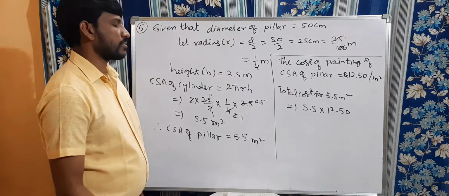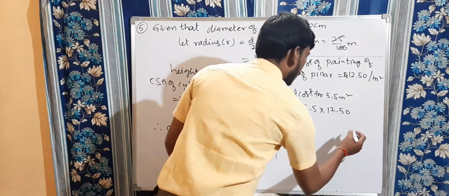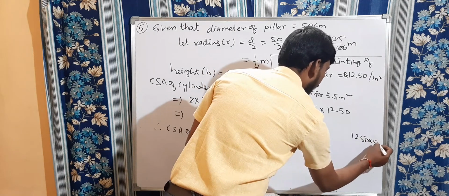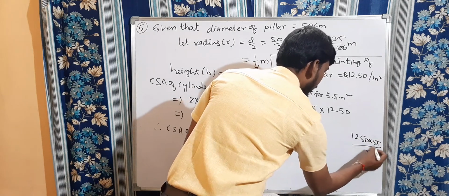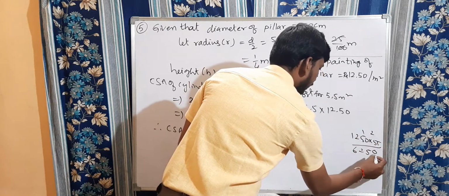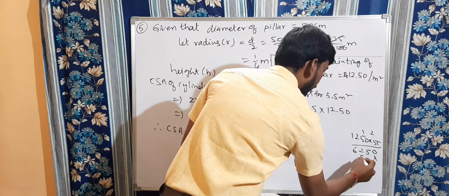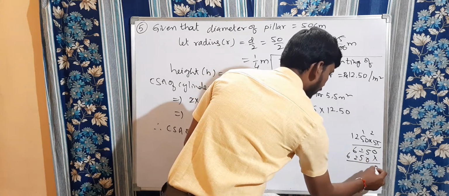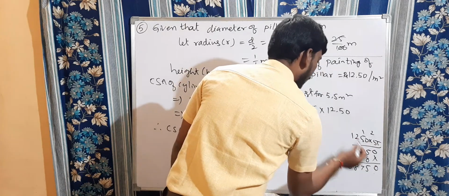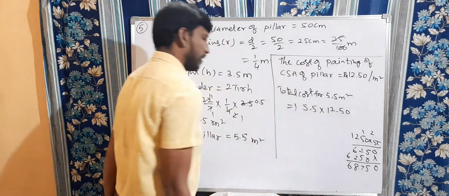Clear? Now you just multiply both, you will get the answer. Now when we multiply 1250 into 55, 5 5s are 25, 5 2s are 10 plus 2 is 12, 5 1s are 5 plus 1 is 6.